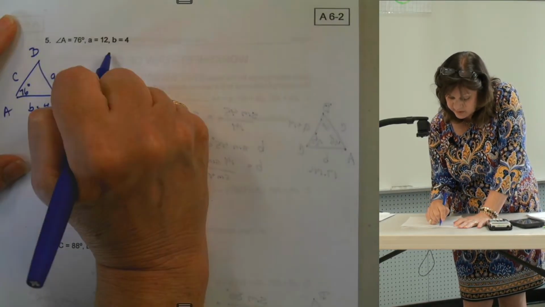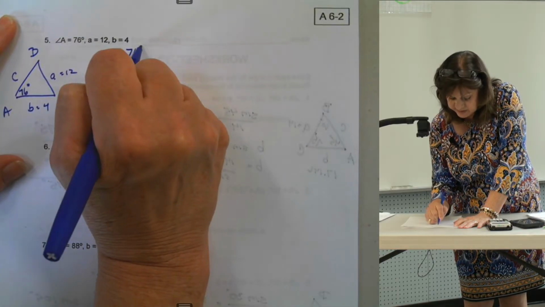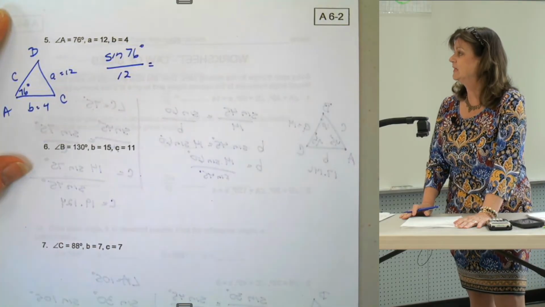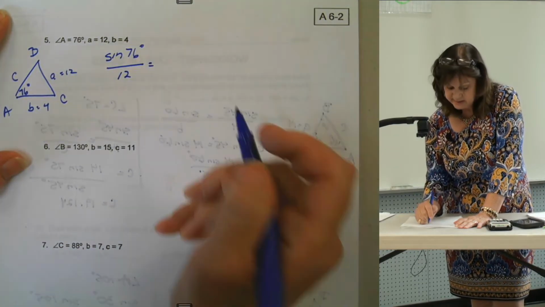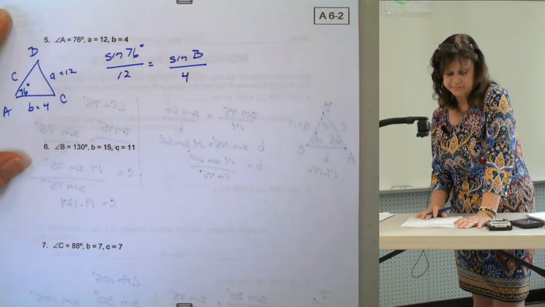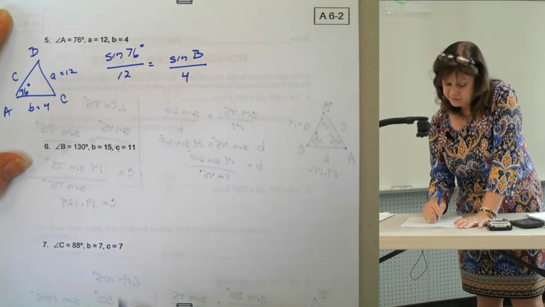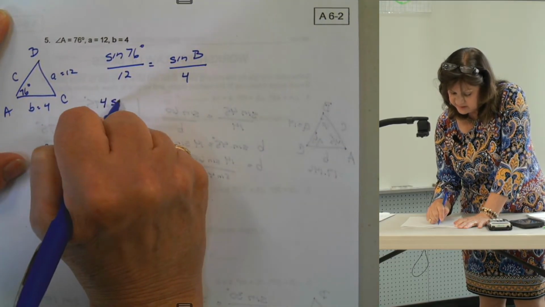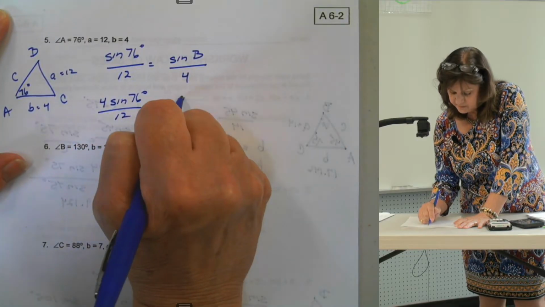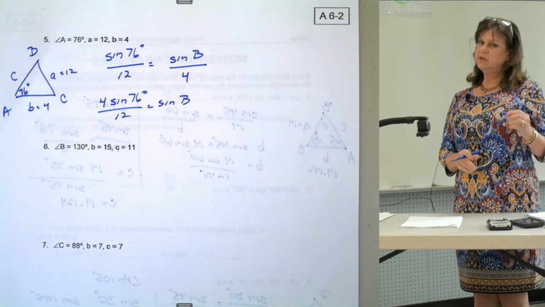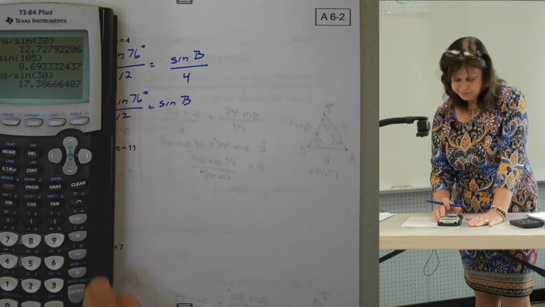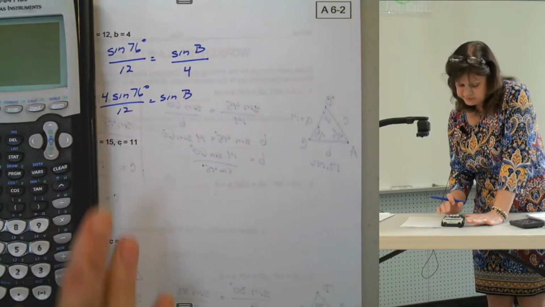But if I use laws of sines, then I can find angle B. So the sine of 76 degrees over 12, angle A over length A, equals the sine of angle B, which I don't know, but I do know the length of B. So 4 sine 76 over 12 will give me the sine of angle B. And again, you're asking what angle has this sine, so be careful with that. So I would evaluate this number first.